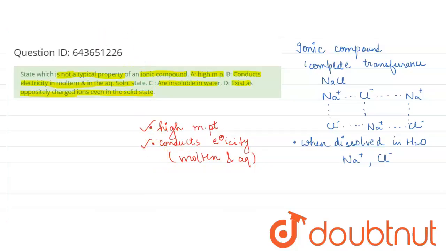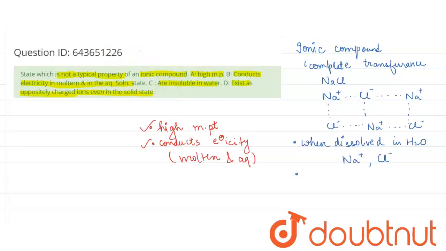Now let's move on to the third property, which says they are insoluble in water. I told you that when dissolved in water, they exist as their ions, sodium ions and chloride ions. So they are completely dissolvable in their aqueous state. Insoluble in water is not true for an ionic compound.